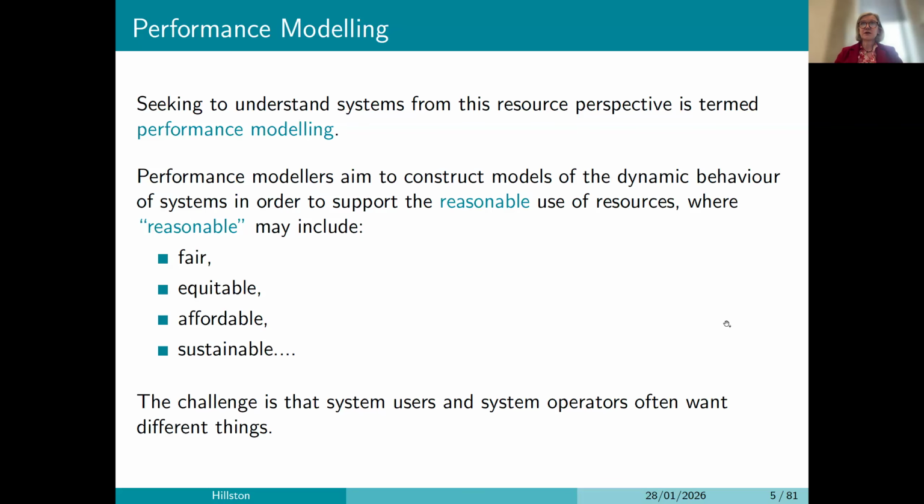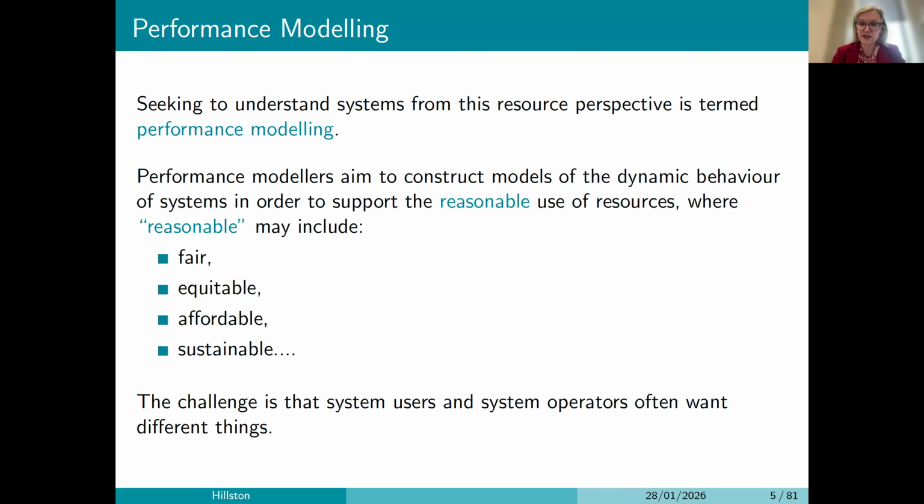When we seek to understand systems, particularly from this resource perspective, that is what we call performance modelling. Performance modellers try to construct models so that we can look at the dynamic behaviour, so that we can support reasonable use of resource. And reasonable can include all sorts of different perspectives.